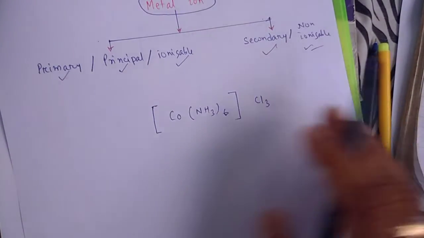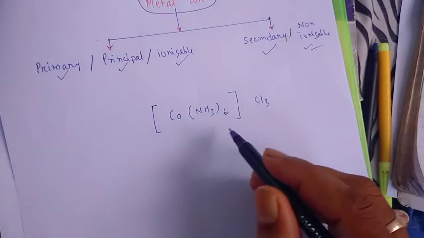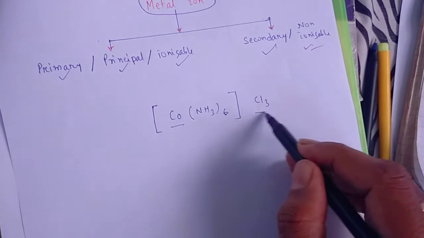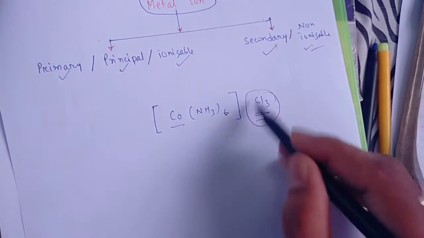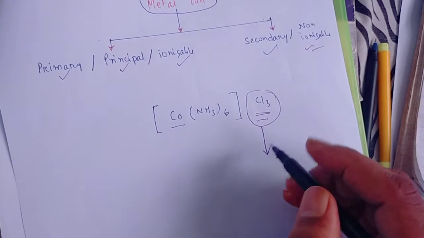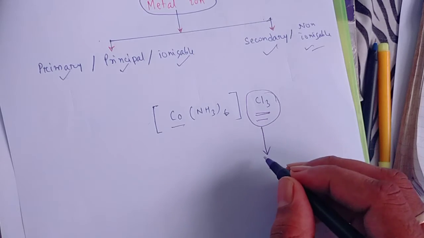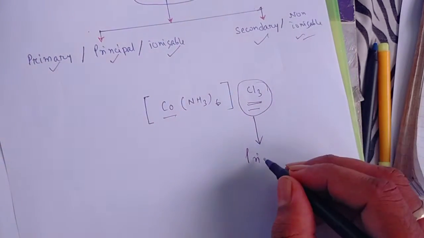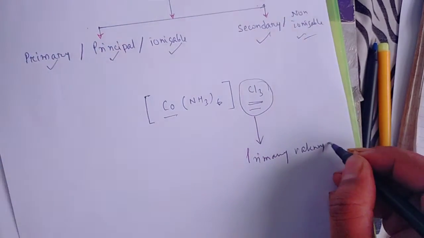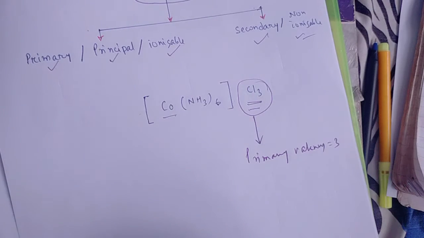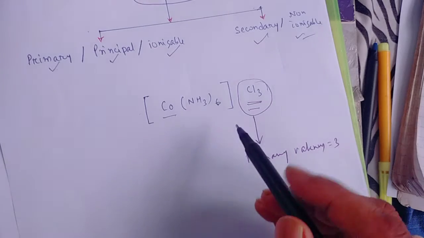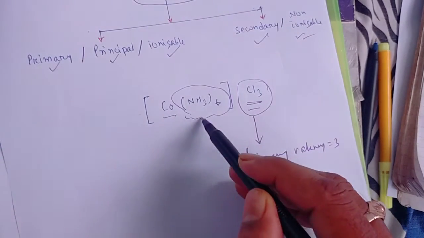Now if you look at this formula, if cobalt forms bonds with chlorine, it will take 3 chlorine, meaning CoCl3 is formed. This is called your primary valency. Here the primary valency is 3; the cobalt forms 3 covalent bonds. And secondary valency means how many coordinate bonds it forms.